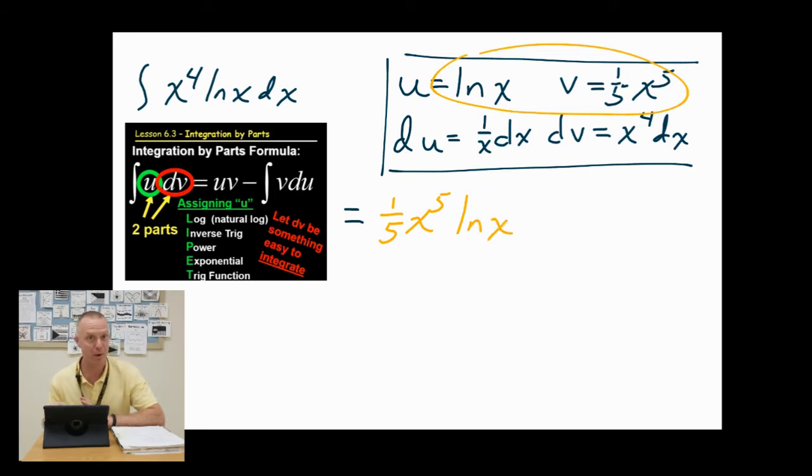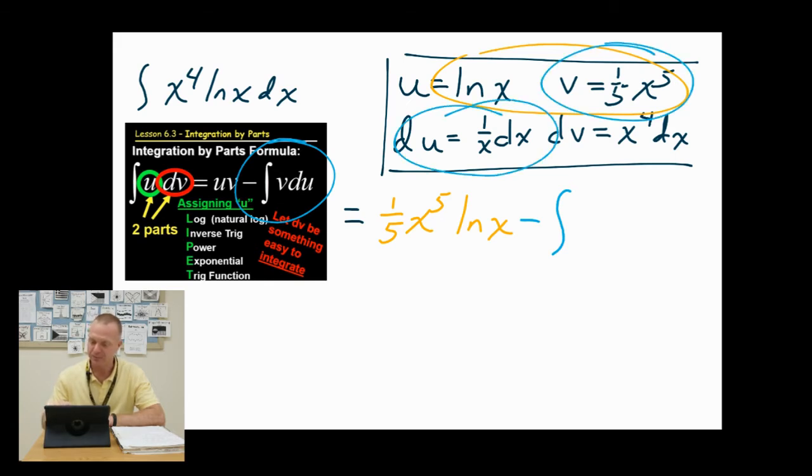We're going to go ahead and write it as 1/5 x to the fifth ln of x. Look at the rest of the formula. The rest of the formula says to subtract the integral of v du. So I've got v and I've got du. I'm going to go ahead and put those into the formula as 1/5 x to the fifth times 1 over x dx.